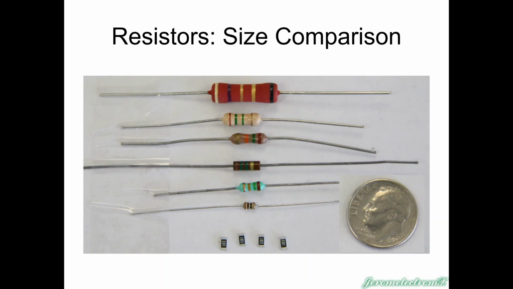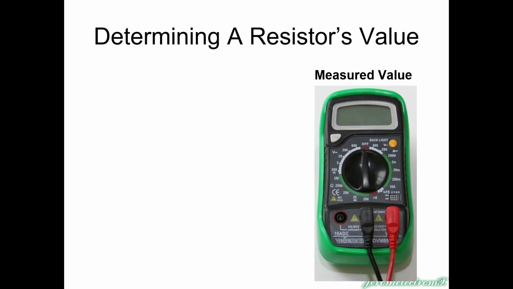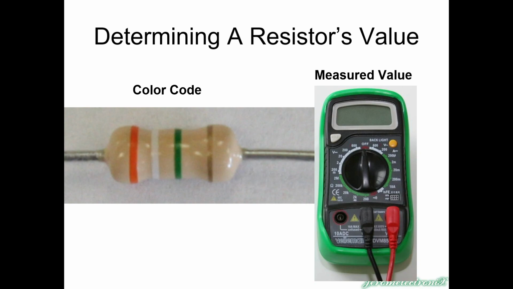But those are not the only way to figure out the resistance of a resistor. I can think of 4 ways just thinking about it. Probably the easiest way is to use a multimeter. Another way is to use Ohm's law. We just talked about it. You can find resistance by using Ohm's law. Another way is to figure out the color code.